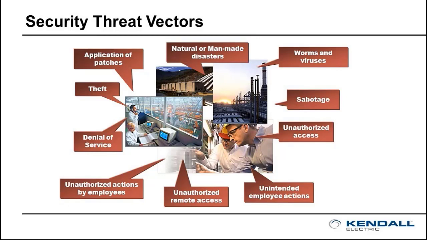But there are other things that we can do to mitigate some of the smaller issues here, which are unauthorized employee actions, unintended employee actions, just a mistake. You know, we can avoid these things by physical network hardening.